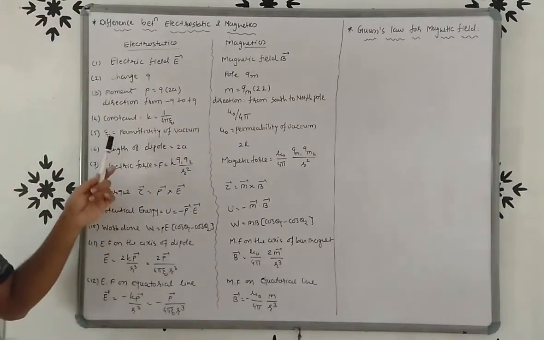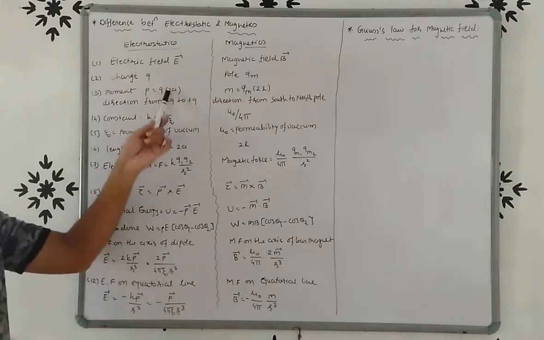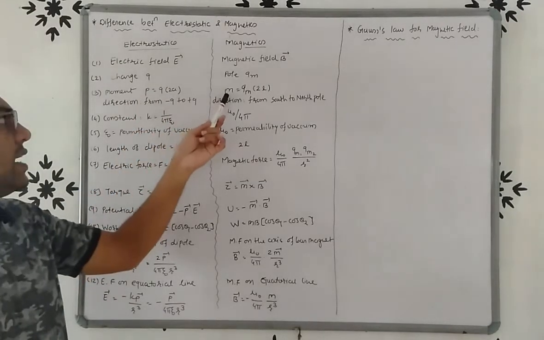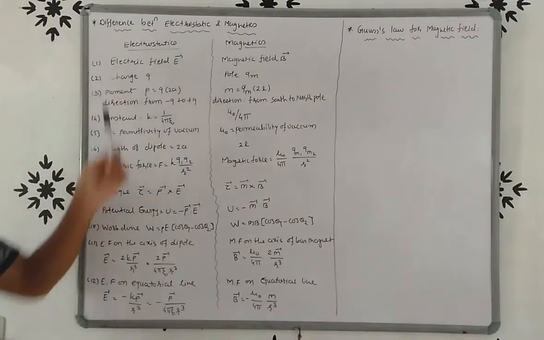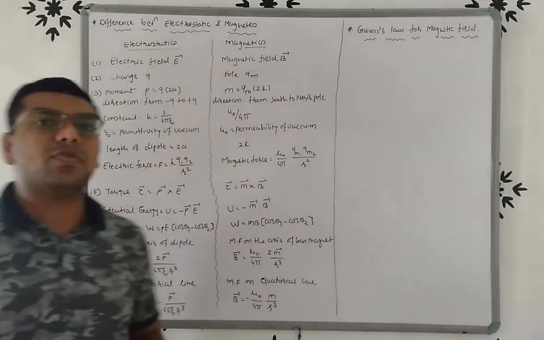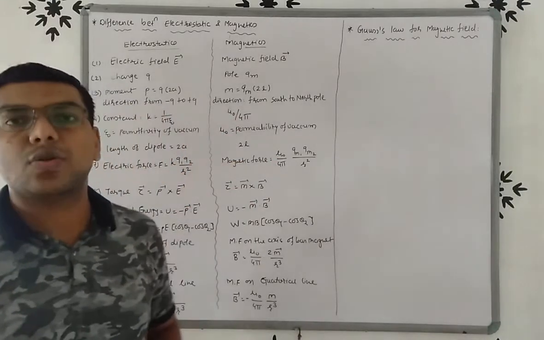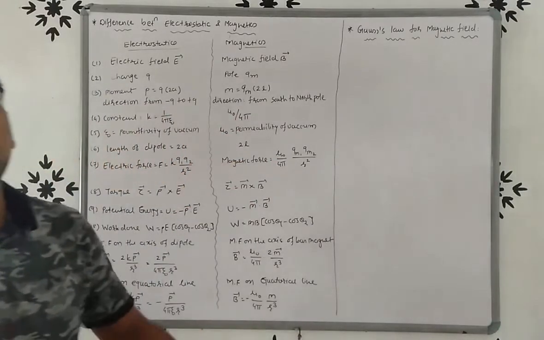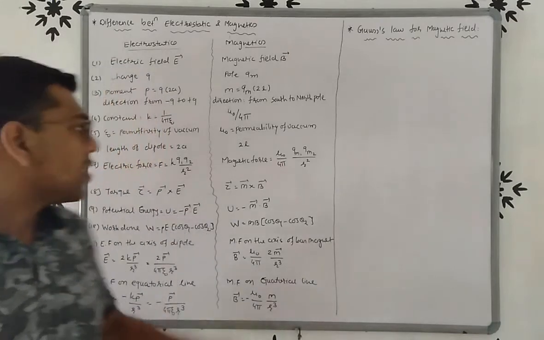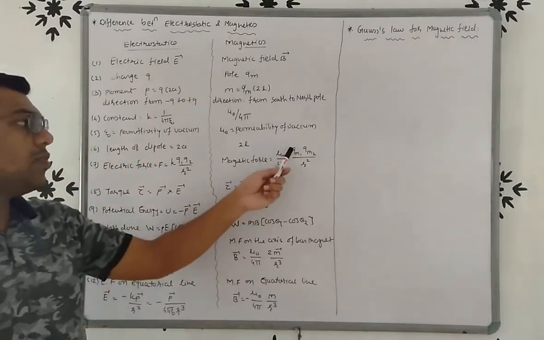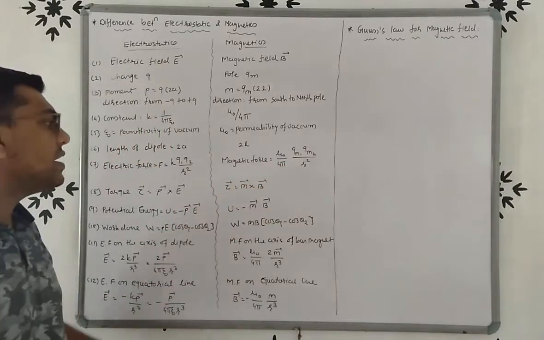Now in electrostatics the length of dipole is 2a, and in magnetics the length is 2l. In electrostatics we already know the Coulombian force F equals k q1 q2 upon r square, and in magnetics force F equals mu 0 by 4 pi qm1 qm2 upon r square.